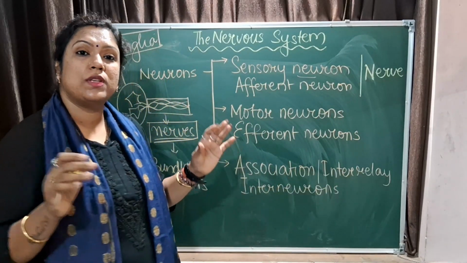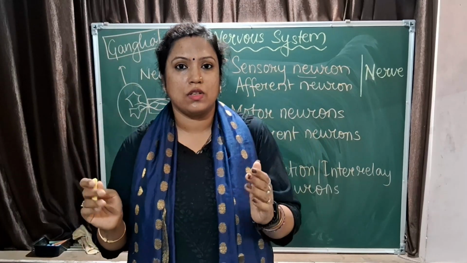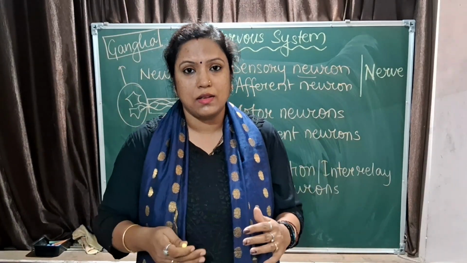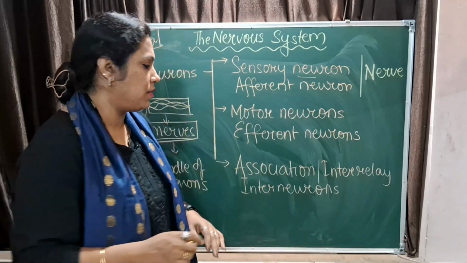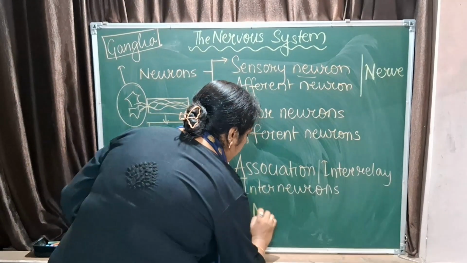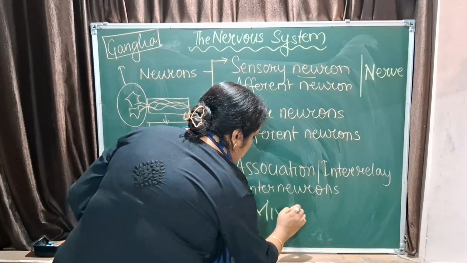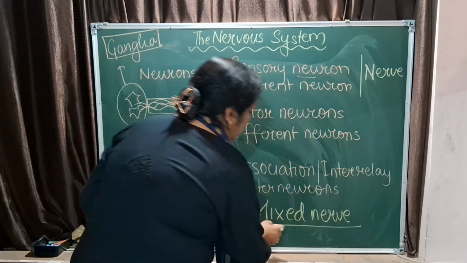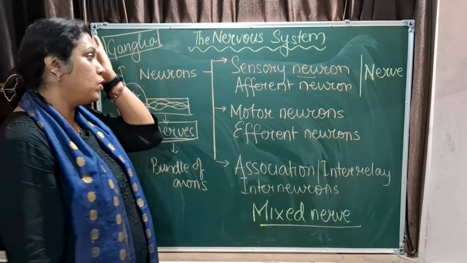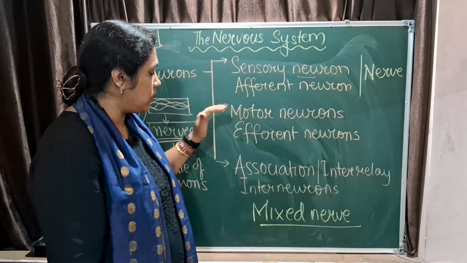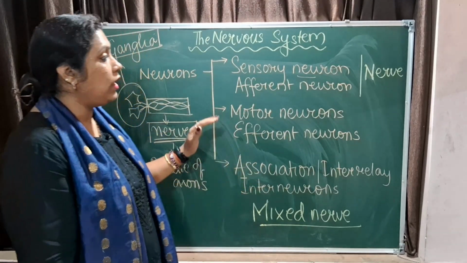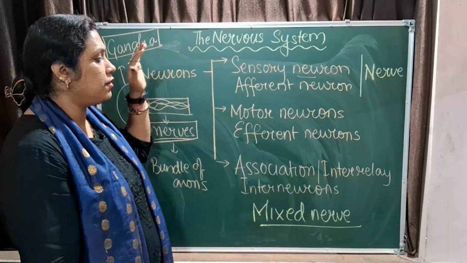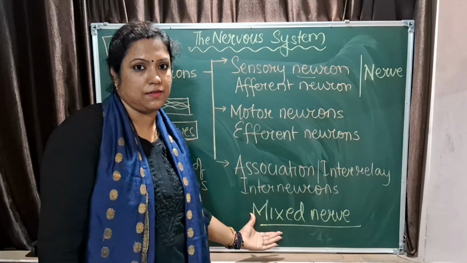And the bundle of axons of different types, sensory and motor together, is called a mixed nerve. So when you classify neurons, you have sensory, motor and association. If you classify nerves, you have sensory nerve, motor nerve and mixed nerve.